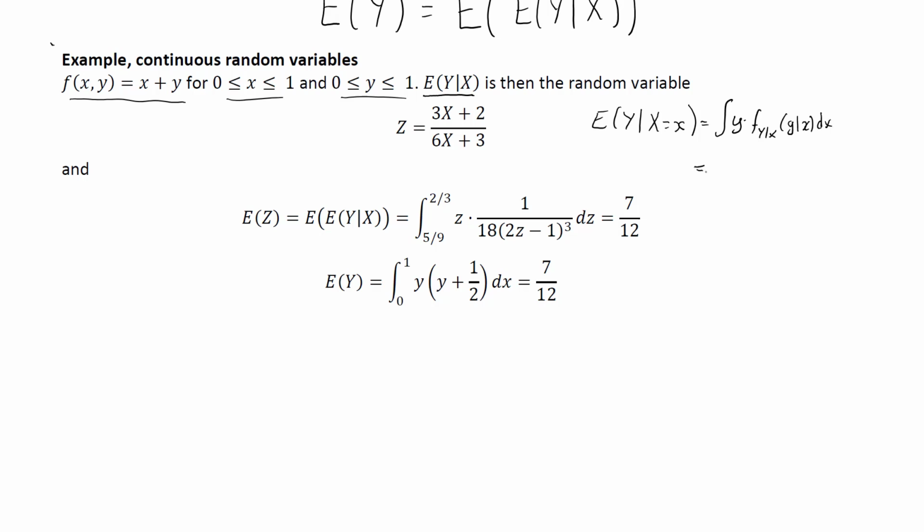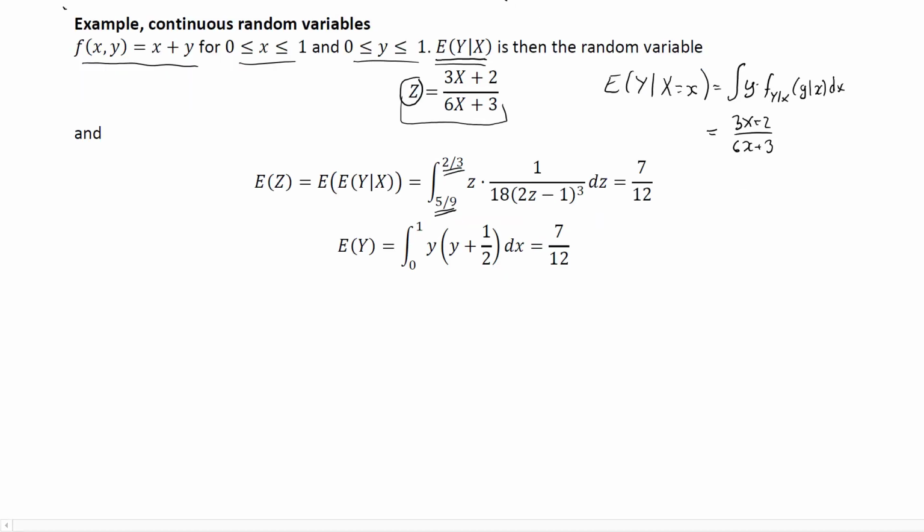If you calculate that integral, it comes out to be (3x plus 2) over (6x plus 3). Then in the final step, you just replace lowercase x with uppercase X, and this random variable is the same as this one. The random variable z will have a range which goes from 5 over 9 to 2 over 3. We can see that by just plugging in the range of x into this g function here.